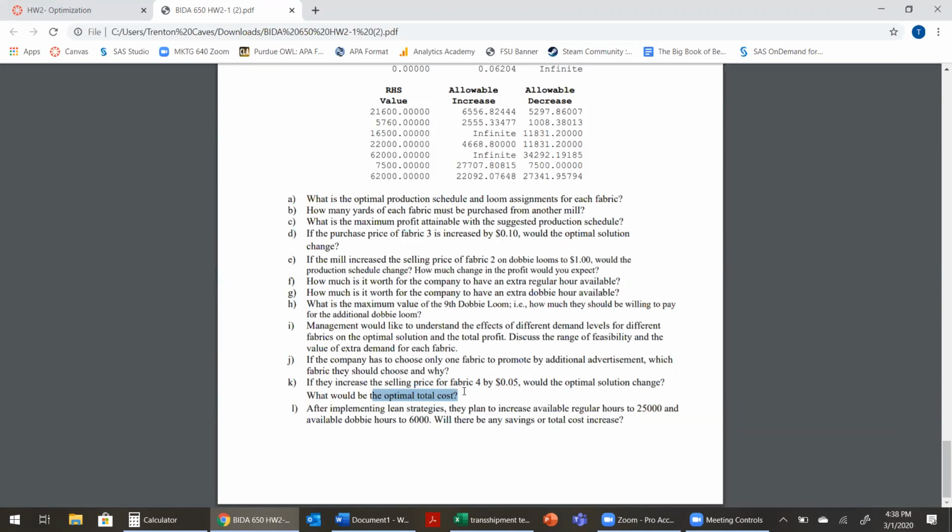So here, you don't have to calculate what that cost would be, just that the optimal solution would change, so the optimal cost would have to be recalculated. So does everybody see how section K fails the 100% rule?